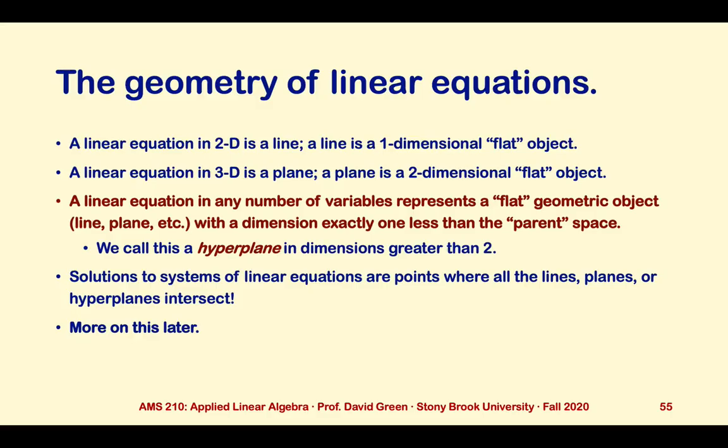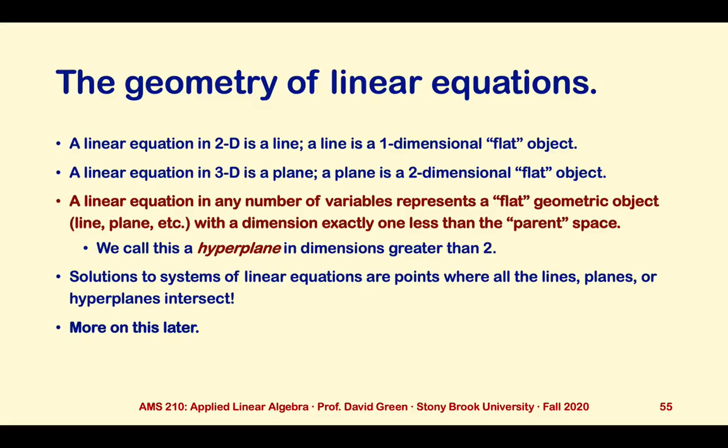A linear equation in 2 dimensions is a line. A line is a one-dimensional object, and it's flat. There's no curve to it. A linear equation in 3 dimensions is a plane. A plane is a 2-dimensional object. It's also flat. There's no curvature to it anywhere.